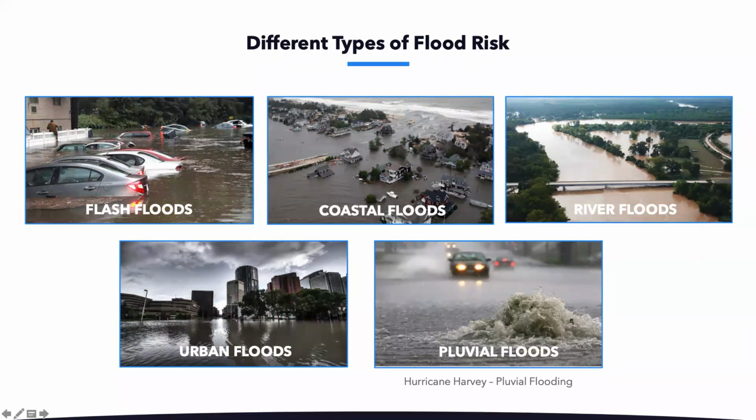I live up here around the New York metro area, over here in New Jersey. And we just had Hurricane Ida hit this past September. Hurricane Ida came in as a coastal flood down in the Gulf. However, by the time it hit up here around the New York City area, it inundated the area with 7 inches of rain, causing flash floods. But at the same time, there were many creeks and rivers overflowing, resulting in river floods.